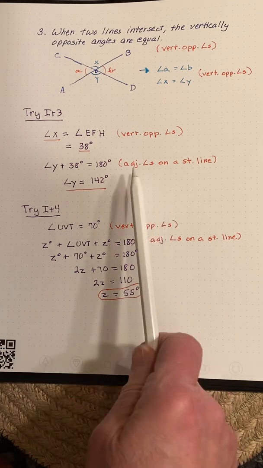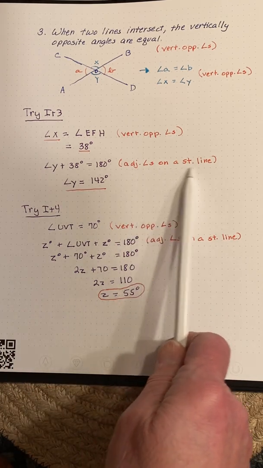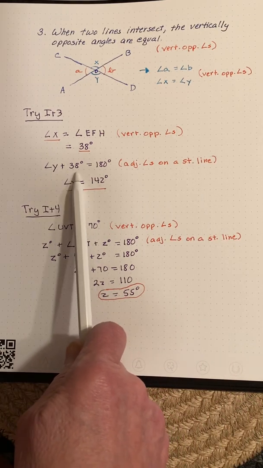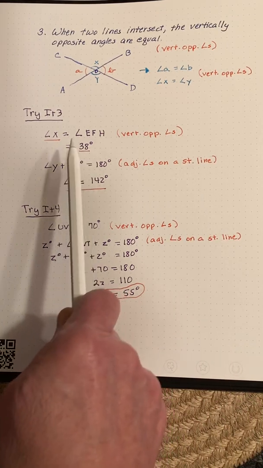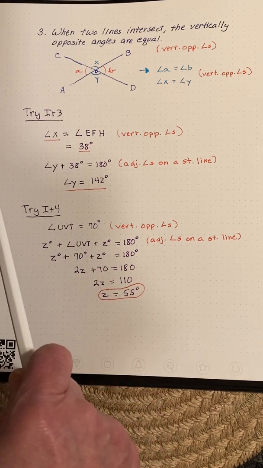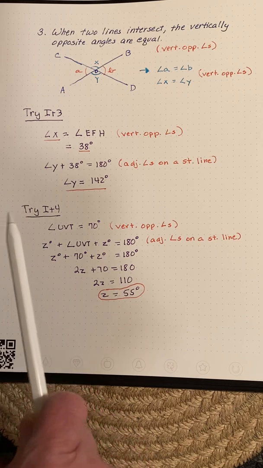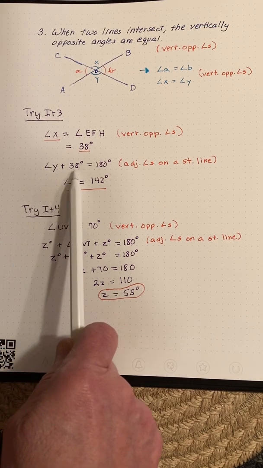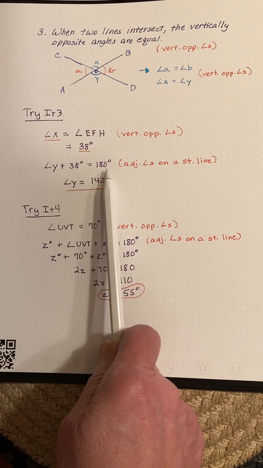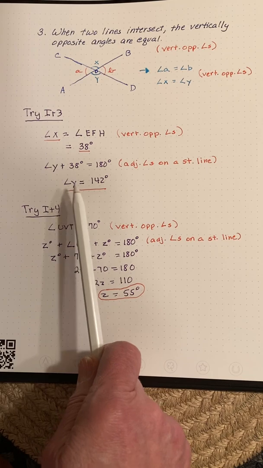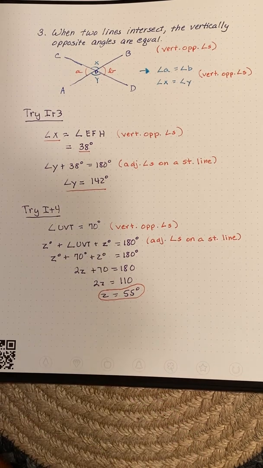So now I have to use the property, adjacent angles on a straight line, because angle Y and that 38 degrees that I found here, angle Y and angle X do form a straight line. The line would be HK, so I can just simply go angle Y plus 38 degrees is 180 degrees. I subtract 38 from each side. Angle Y is 142 degrees.